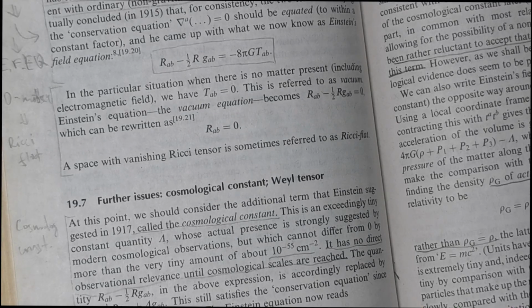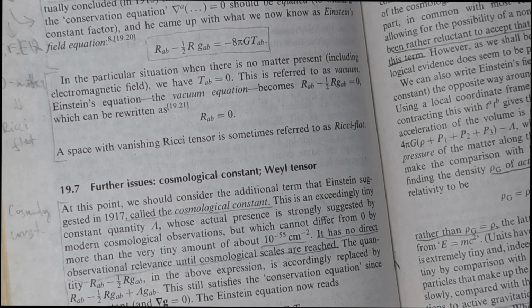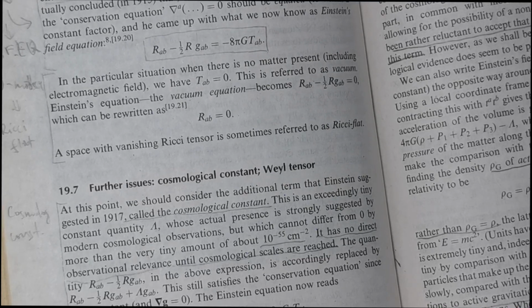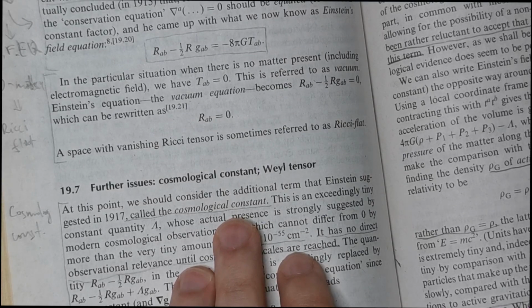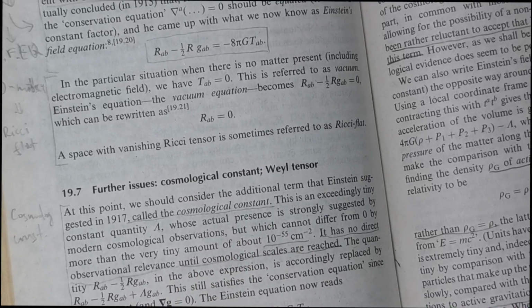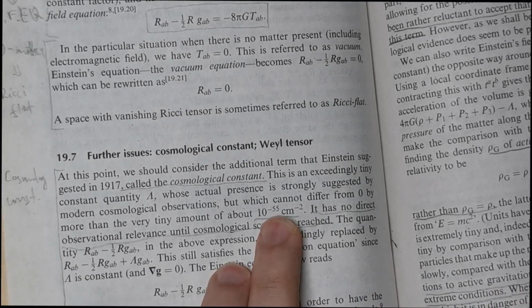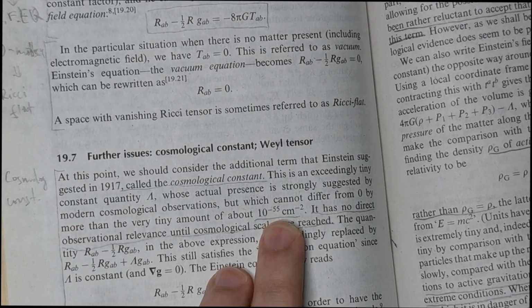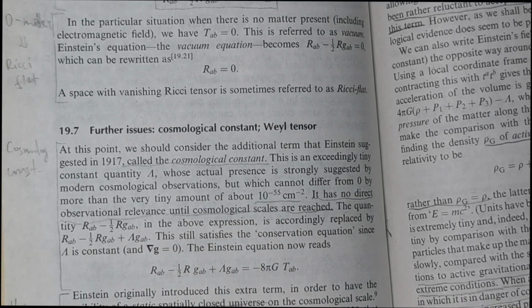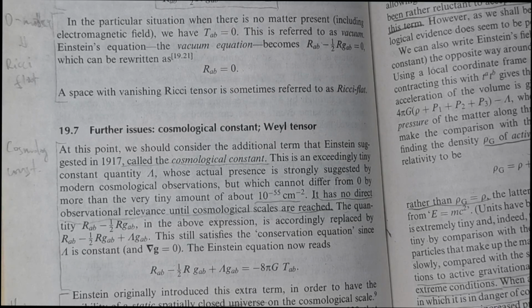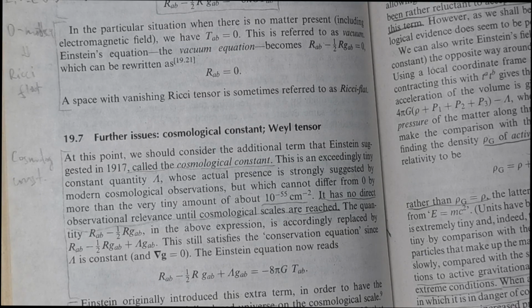Okay, and in 19.7 further issues with that are discussed, and the first one is the cosmological constant. This is a really tiny constant, which has really small magnitude here, like 10 to the minus 55, and it has no direct observational relevance until cosmological scales are reached, and therefore it is called the cosmological constant.